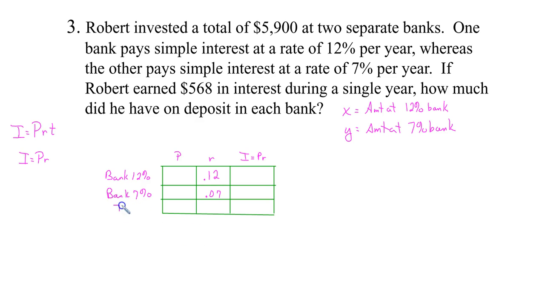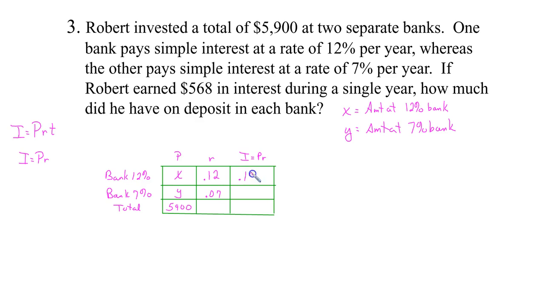The last row here is our totals. So what we know for a total amount that was invested is $5,900. Now how much was invested at 12%? Oh, that's our X. And how much was invested at 7%? Yep, that's our Y. Now, what is our interest at the 12%?